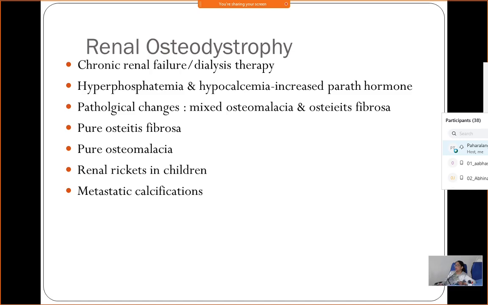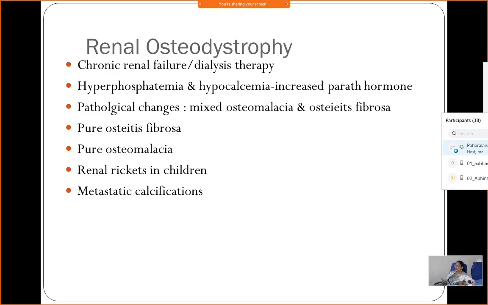So bone resorption happens, and increased absorption in the GI tract happens to absorb more calcium. This is how parathormone tries to increase the calcium. In the process, the bone becomes thinner.